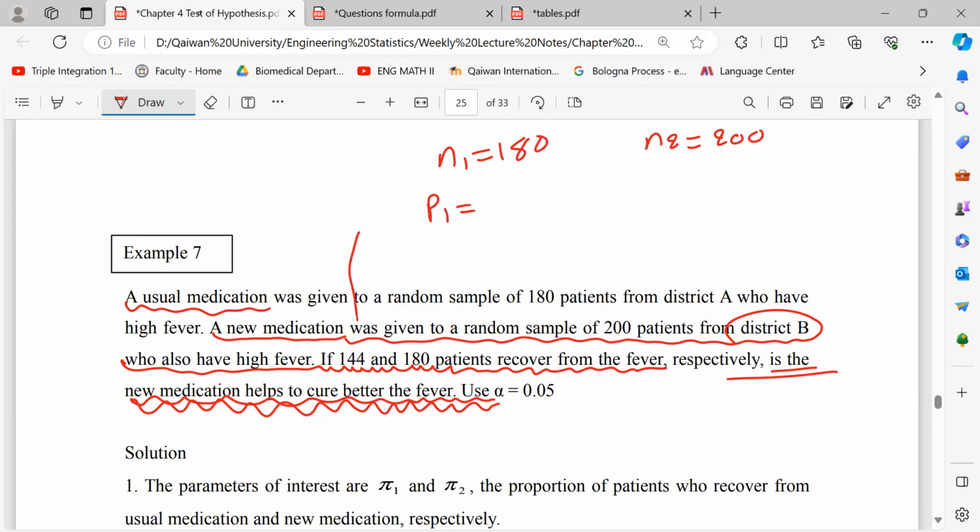It's 144 divided by the number in the sample. The cases that get better are 144. What's the total of the first population? It is 180. P1 is 144 over 180.